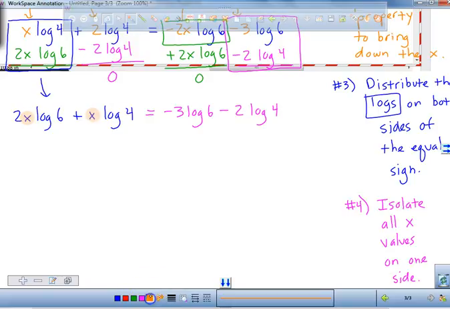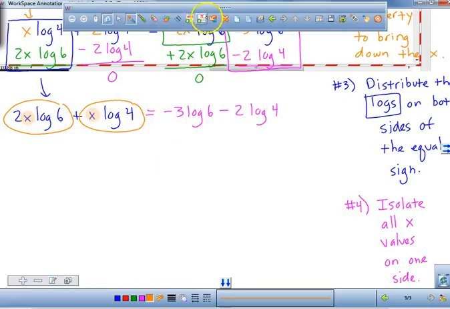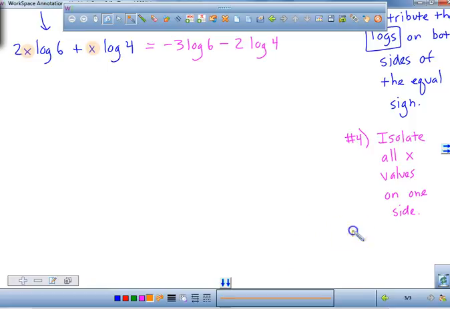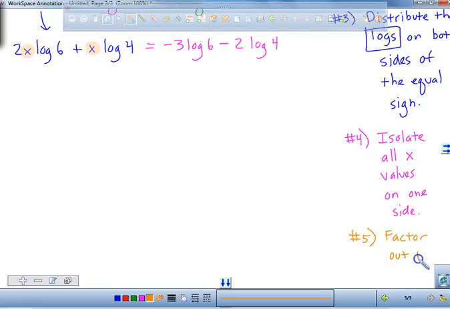So here's a cool thing that you're allowed to do. In this expression right here, and in this expression right here, what's the only thing they have in common? X. Which means this. Here's step 5. Factor out the x.